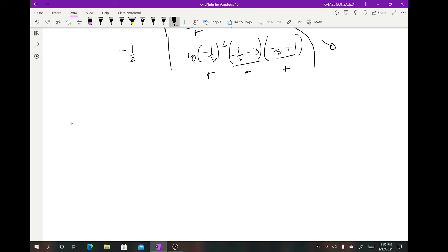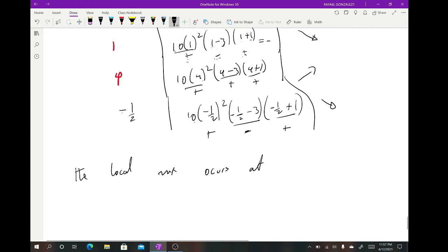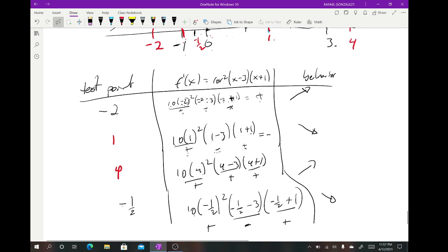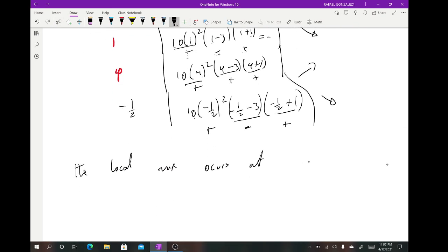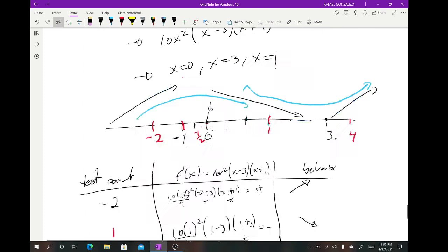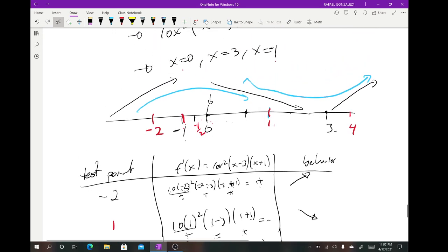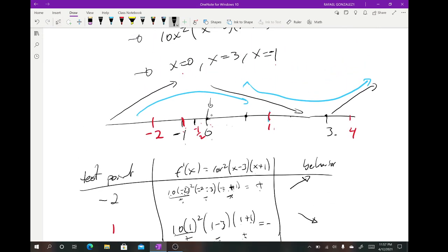All right, so we can now say that the local max occurs at x equals -1, and the local minimum occurs at x equals 3. And again, it cannot be 0 because at 0 we don't have neither a max nor a min.